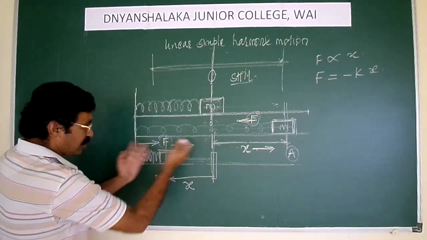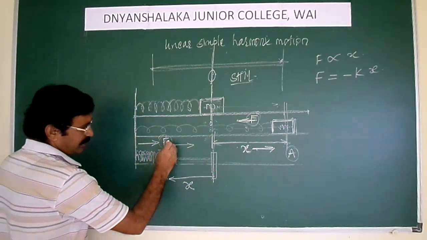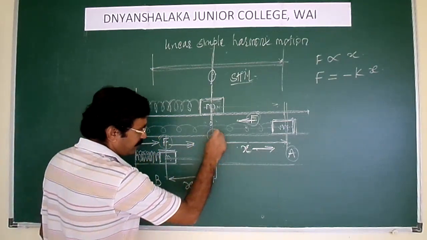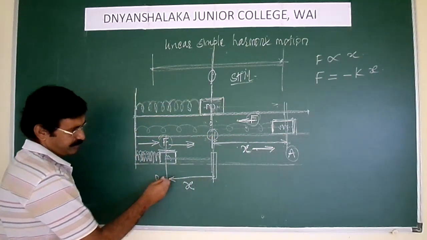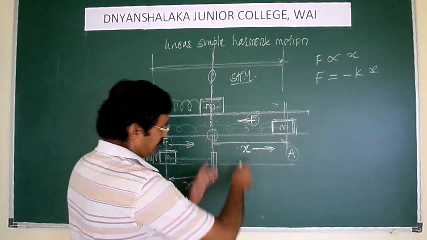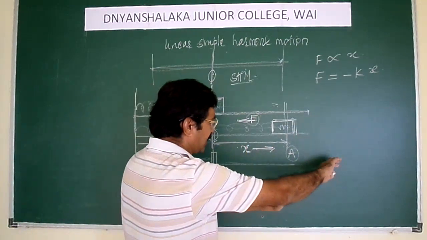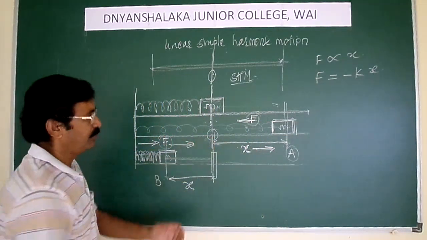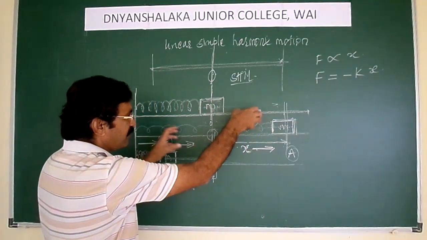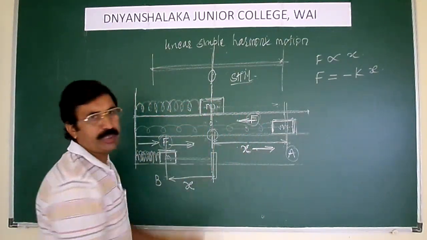If the particle crosses and comes to the left, the restoring force is toward the mean position, acting toward the right when the displacement is toward the left. On the right hand side, the displacement is toward the right, and the force is acting toward the left, toward the mean position. So the restoring force will always be acting toward the mean position.